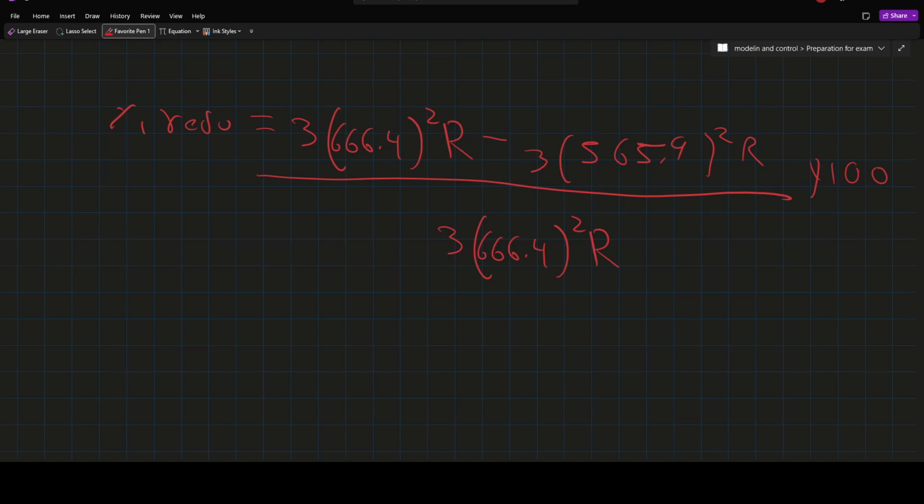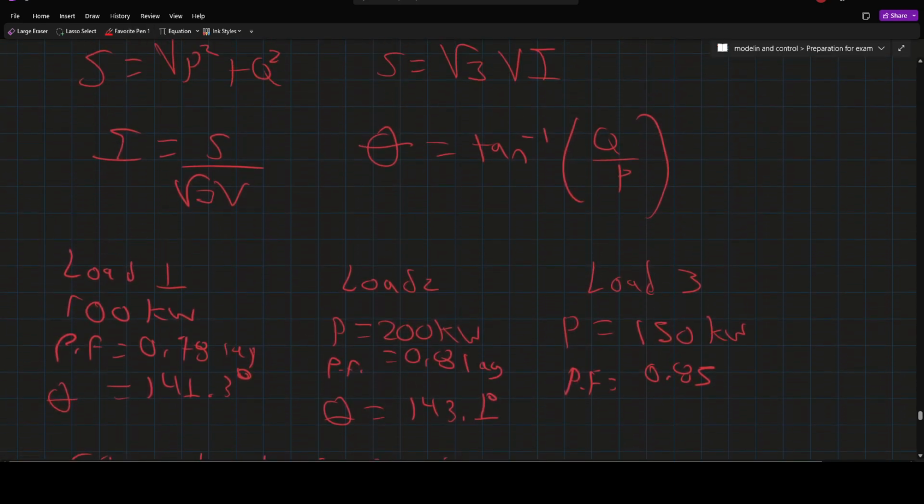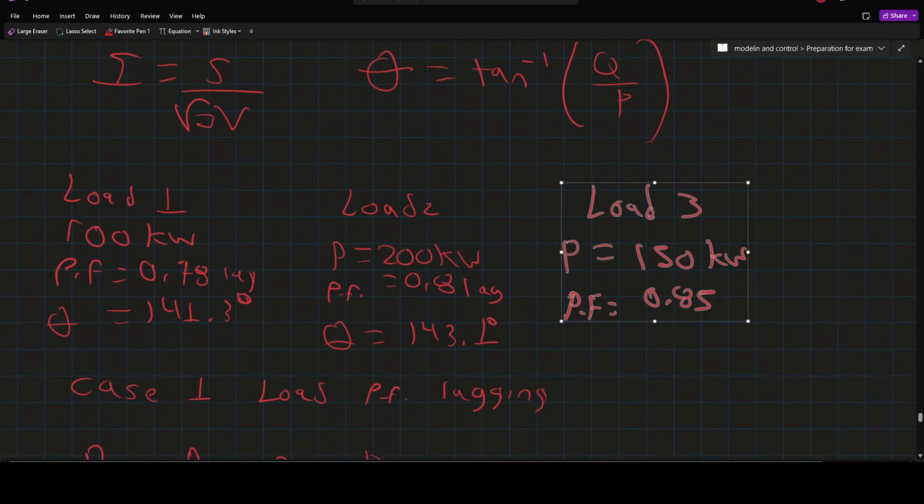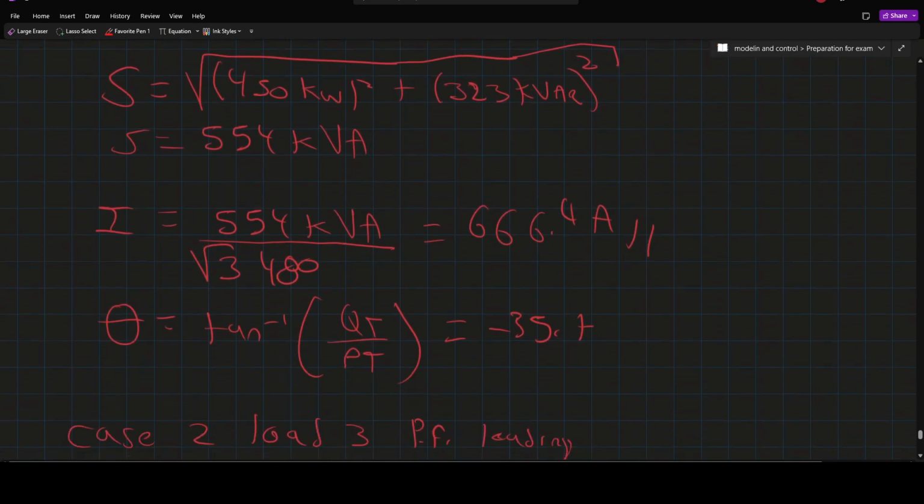Well, from here we know that we have 3R in each case, so we can just cancel 3R, and we are just left with the squares. So this is going to give us a 28% reduction by changing the load 3 from lagging into leading.